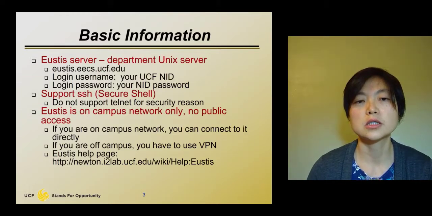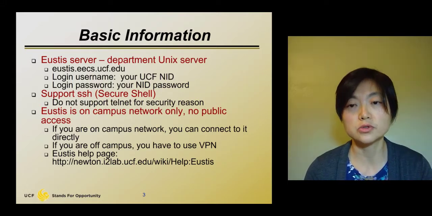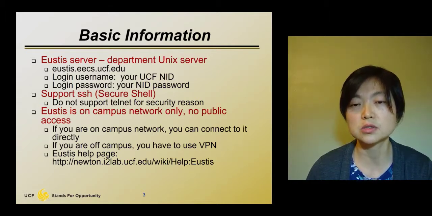So here's the basic information regarding Eustis. Eustis server is our department Unix server. So the address is eustis.ecs.ucf.edu. When you connect to Eustis, you will be prompted to enter your UCF NID, and then you will enter your NID password.